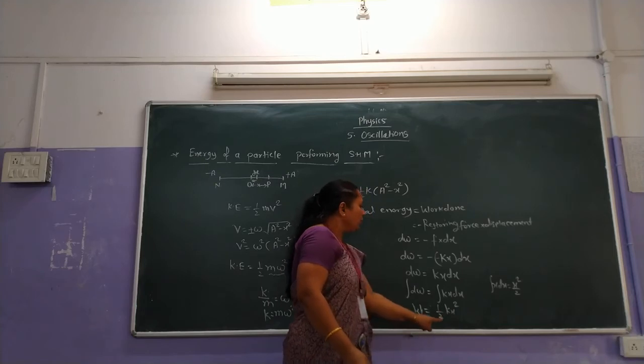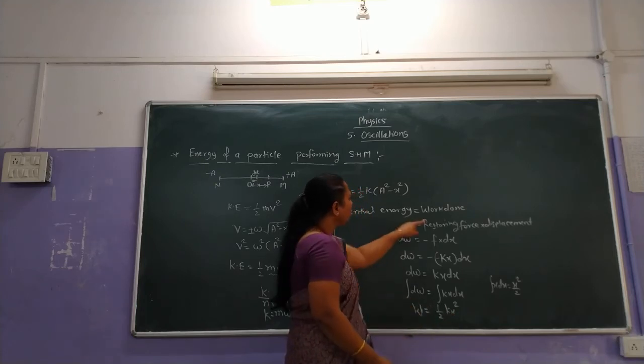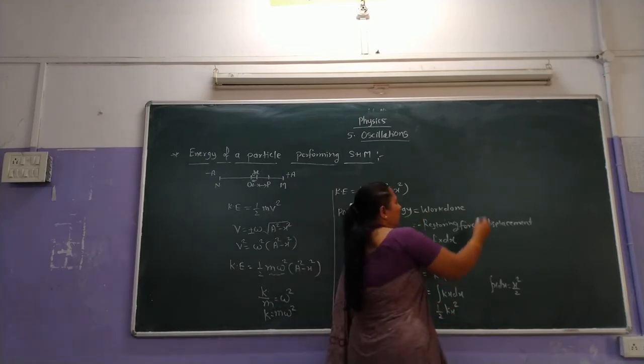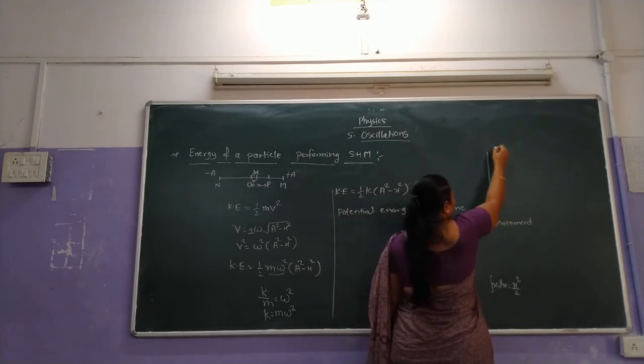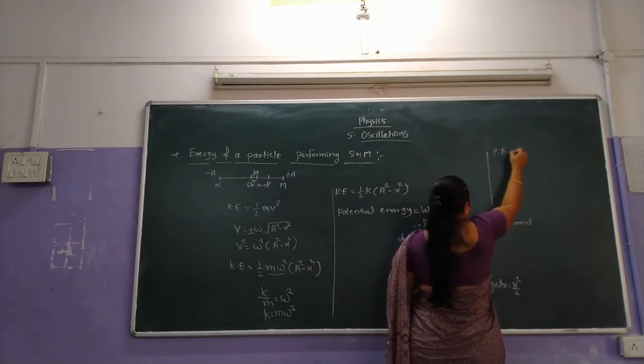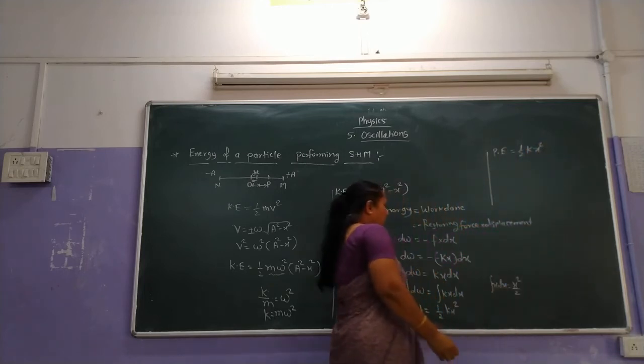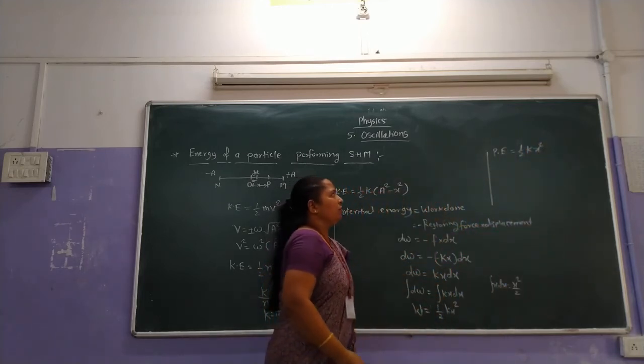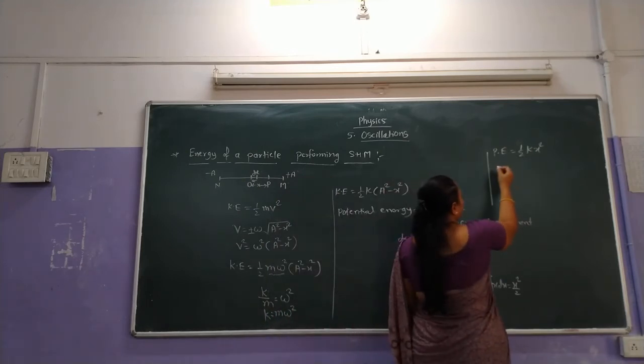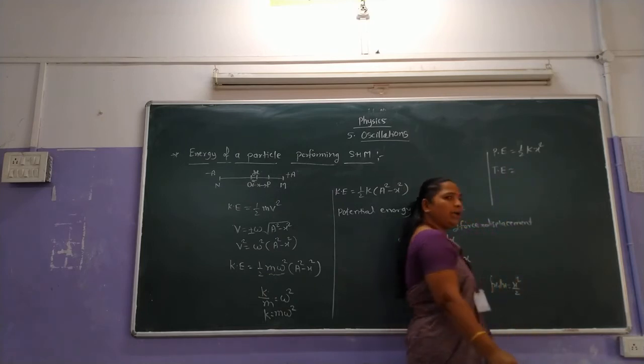Therefore, work done is equal to half kx square. Work done means potential energy, so potential energy is equal to half kx square. Hence, you can calculate the total energy of the particle performing SHM.